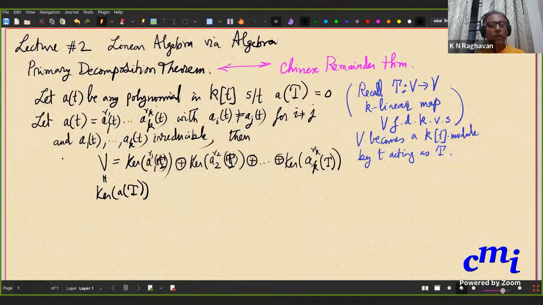So V is actually the kernel of A(T), and that's equal to this. This is the primary decomposition.